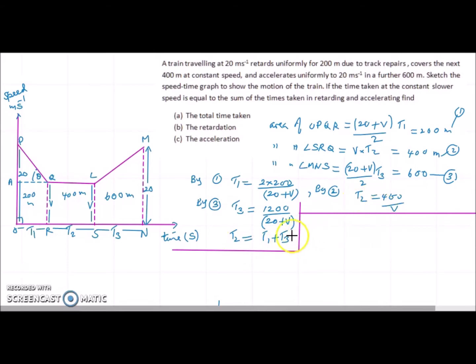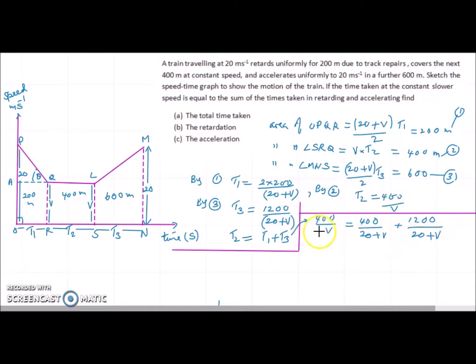Now we have to substitute for t1, t2 and t3 in this one. t2 equals 400 divided by v, that is equal to t1, 400 by 20 plus v, plus t3, 1200 by 20 plus v.